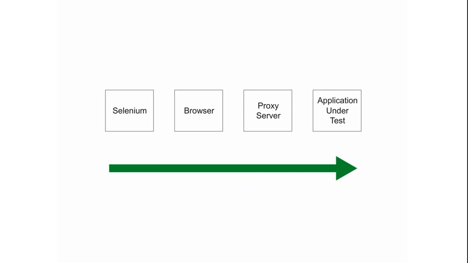Between the Selenium, the browser, and your application, you set up a proxy server. You connect Selenium with the browser through the proxy server, so you're able to capture and modify each action that's going to the application before it gets there, and even the same on the response back.